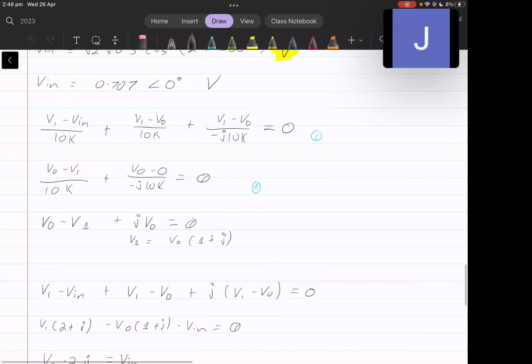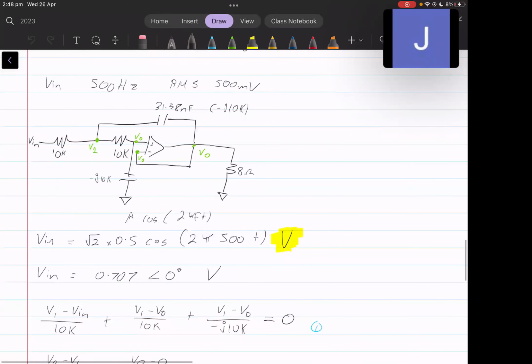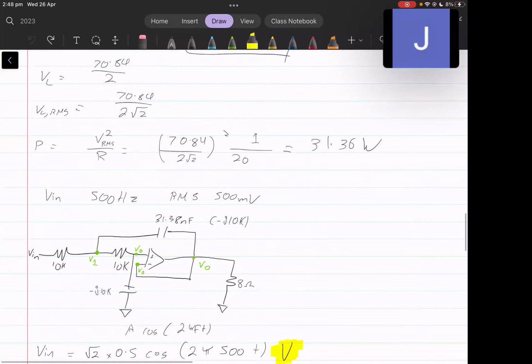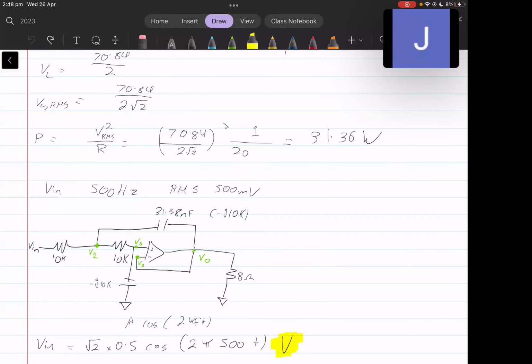The second nodal equation? Yeah. So that was taken from this part right here, where I looked at V0 at the non-inverting input of the op-amp. Cool. Thanks for relaying the questions too.